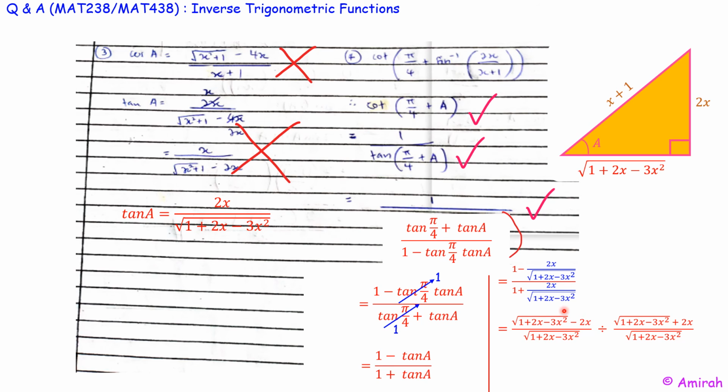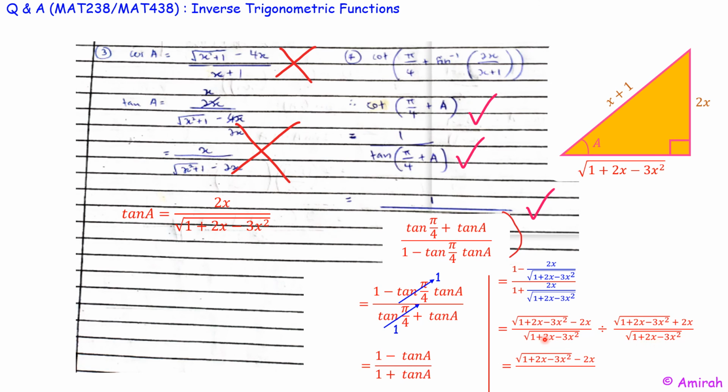Okay, this fraction come from this fraction. Okay, and then per here, we can write divided by, okay, and then 1 plus 2x over square root of 1 plus 2x minus 3x squared, we can write this, okay, after we standardize the denominator, okay, we get this.